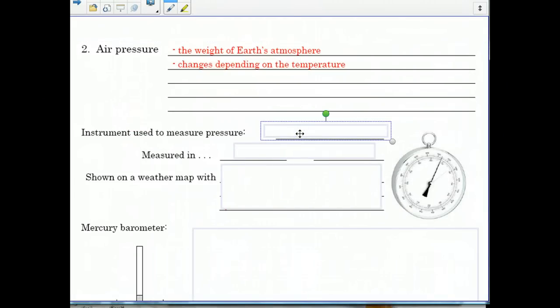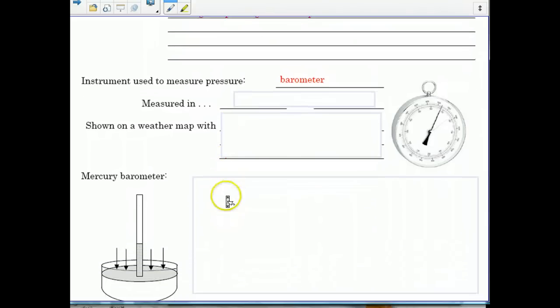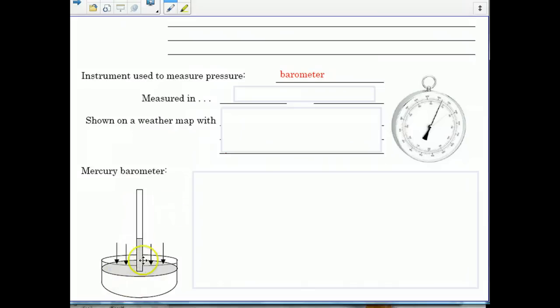We use something called a barometer to measure air pressure. A very simple barometer is a tub of water, or a beaker or a tub of mercury with a column of glass that is evacuated.